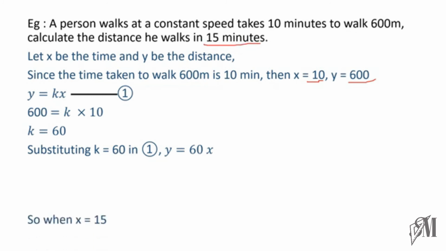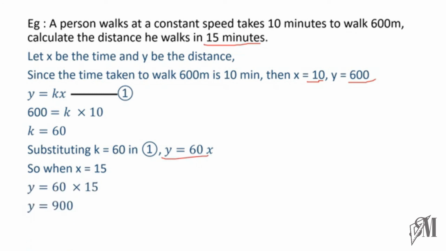Now we need to find y when x is equal to 15 minutes. Now what we do is we substitute x is equal to 15 in this equation. Let's do that. So y is equal to 60 into 15, that is y is equal to 900.